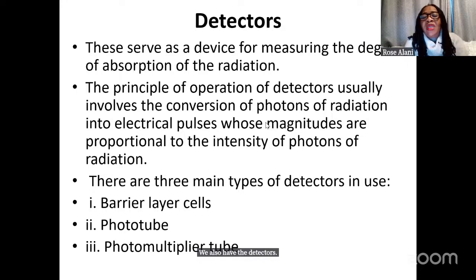These are the ones that measure the degree of absorption of the radiation. Detectors measure how much absorption of radiation occurs. And the principle of operation of detectors usually involves conversion of photons of radiation into electrical pulses.